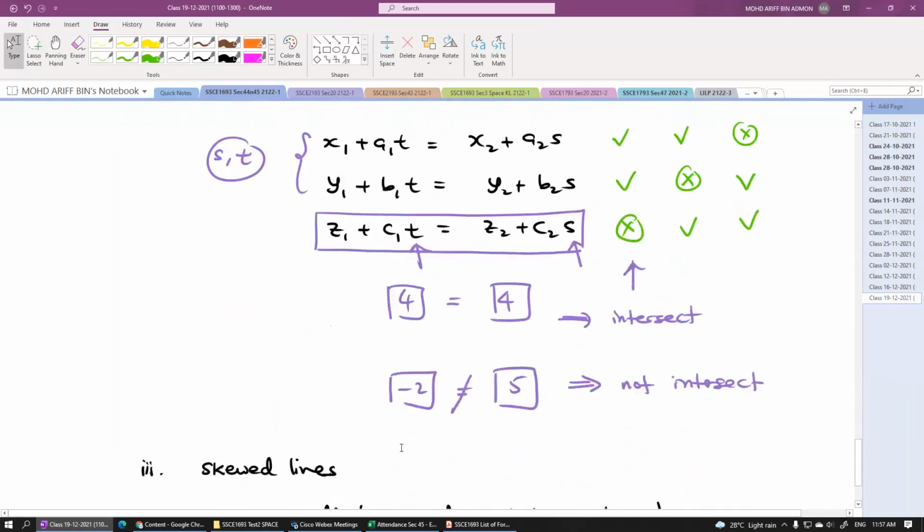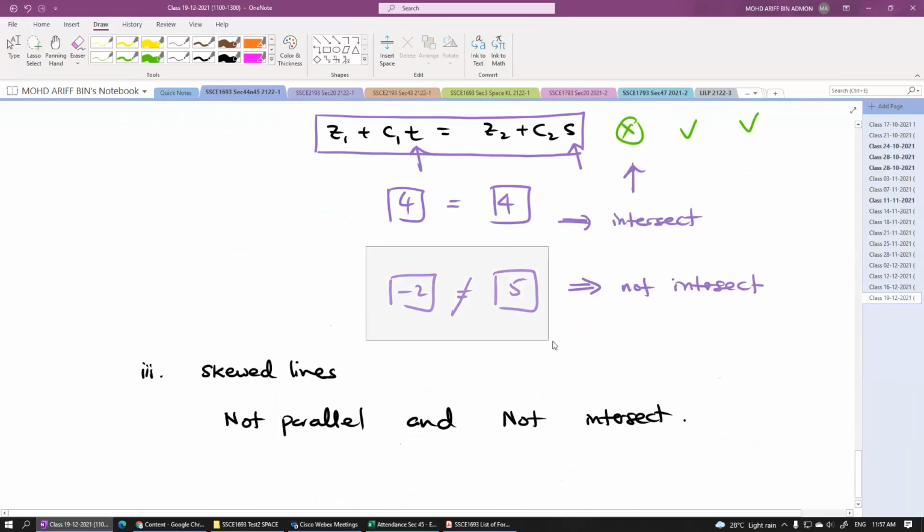Also, not intersecting means that when you check with the third equation, you get different values on the left and on the right. If not parallel and not intersect, then you say this is skewed. If you get not intersect only, you cannot jump directly to the conclusion of skewed lines. It must be not parallel and not intersect, then you get skewed lines.